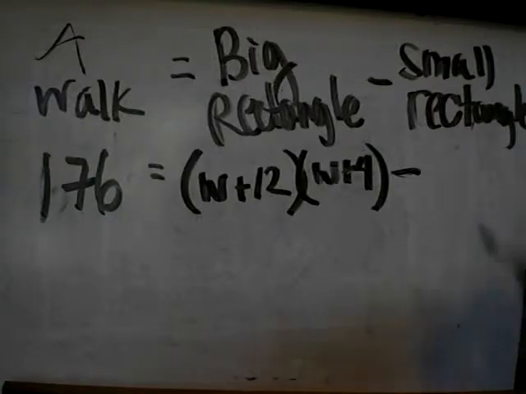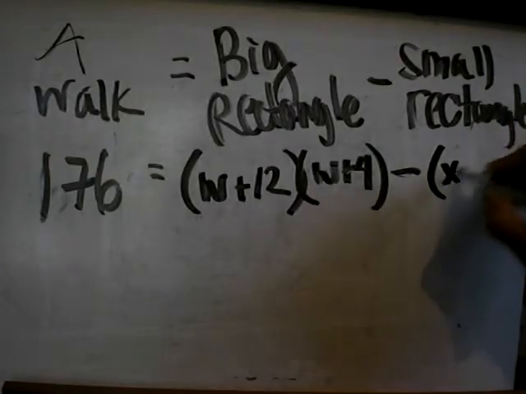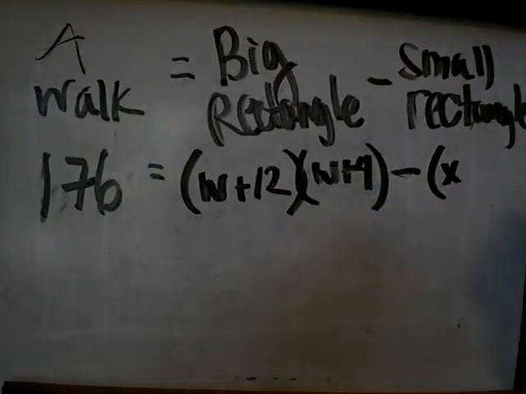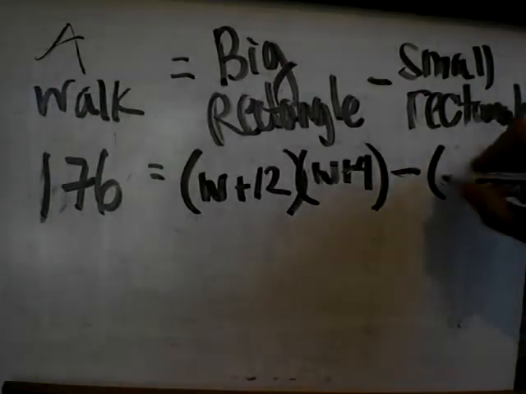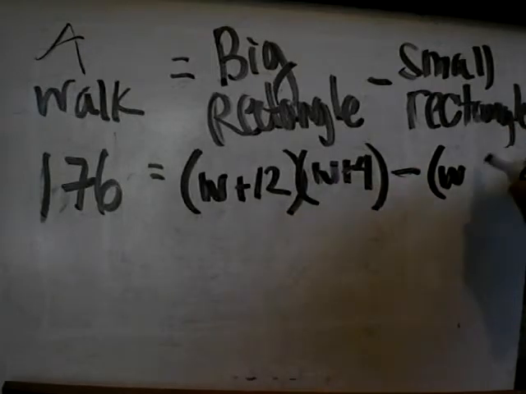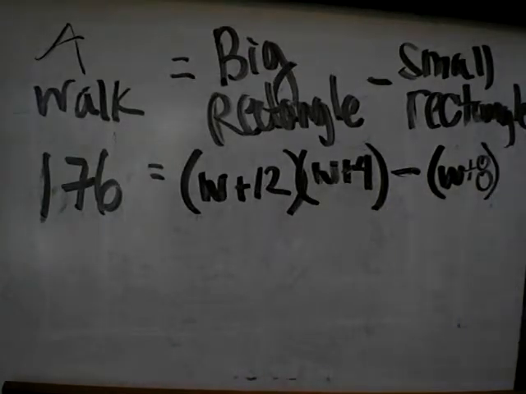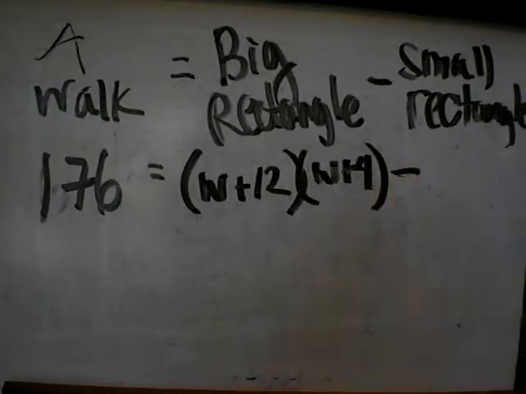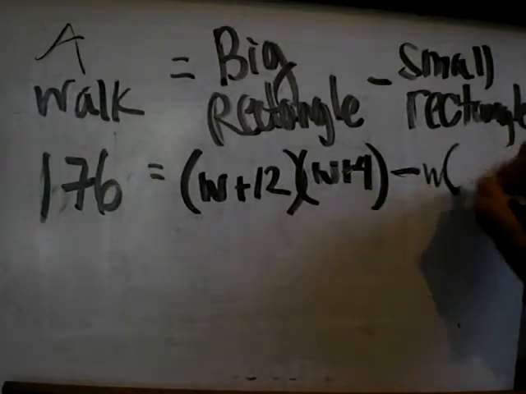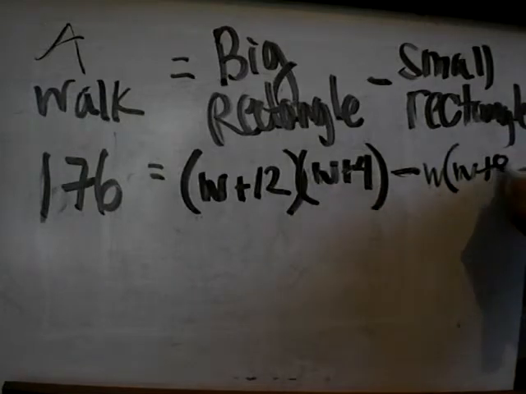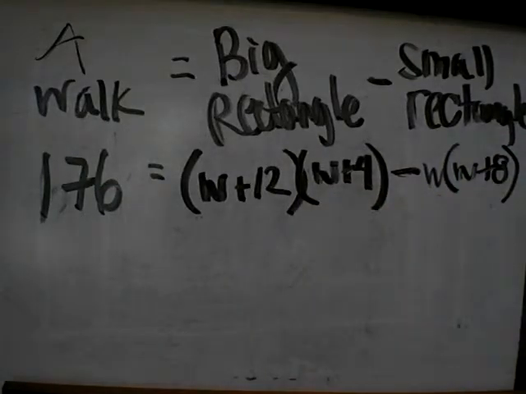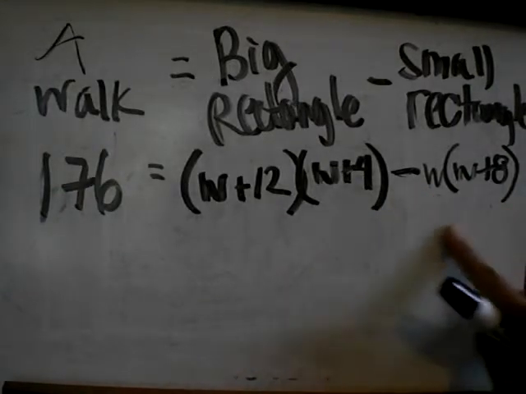So the length is X, or I'm sorry, in our case, it's going to be W plus 8, times W. Let me rewrite that. Let me put the W in front of the parentheses. So it's W times W plus 8.